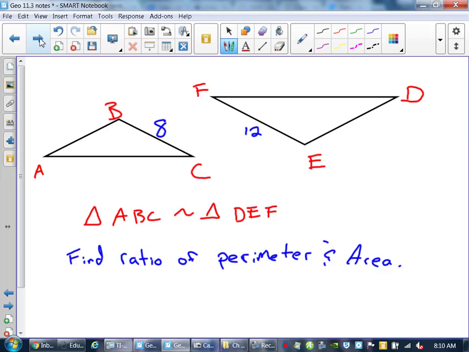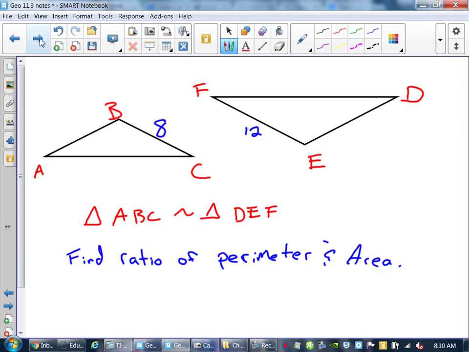We can use the ratio of the areas to find the scale factor, just by knowing that the ratio of the areas is something squared over something squared. It's just the ratio of the sides. So let's go right to an example of triangles and work off of it from there.